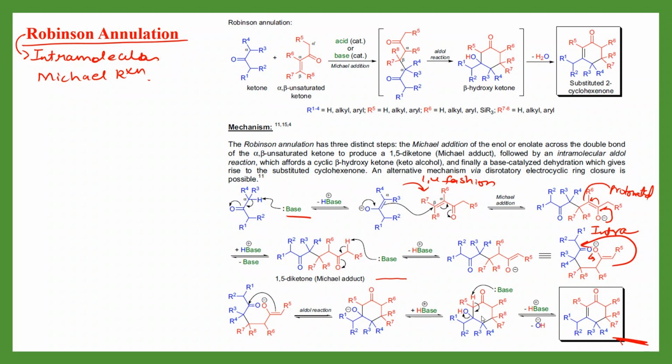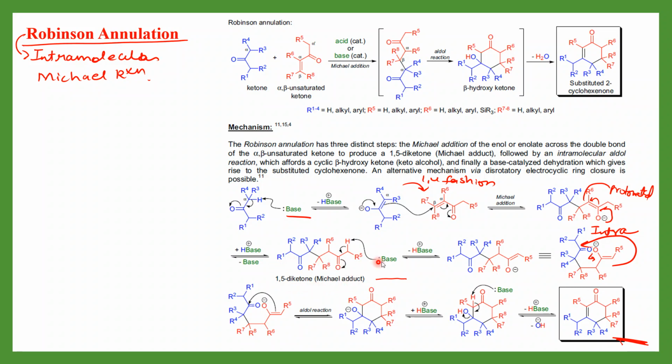Okay, so the first step, let me use the pointer here, is abstraction of a proton by this base, formation of enolate. 1,4 attack on this alpha beta unsaturated system resulted in formation of this, which after protonation gets converted into a 1,5 diketone, which is known as the Michael adduct.